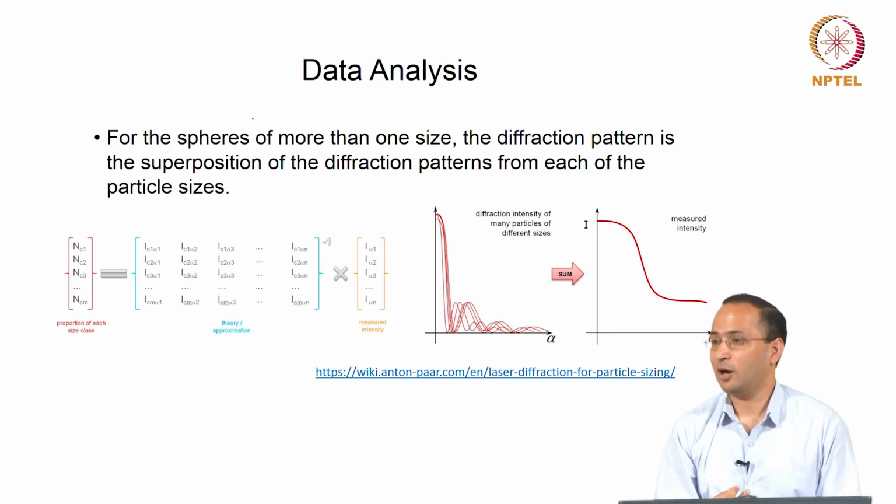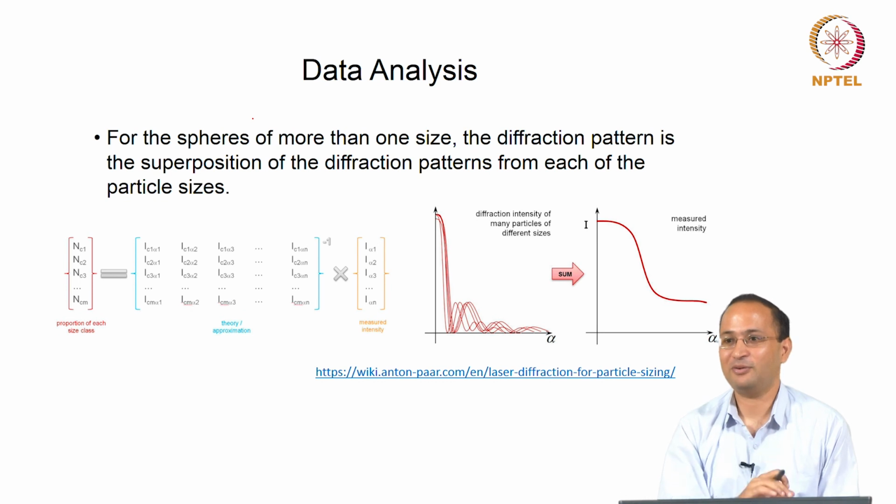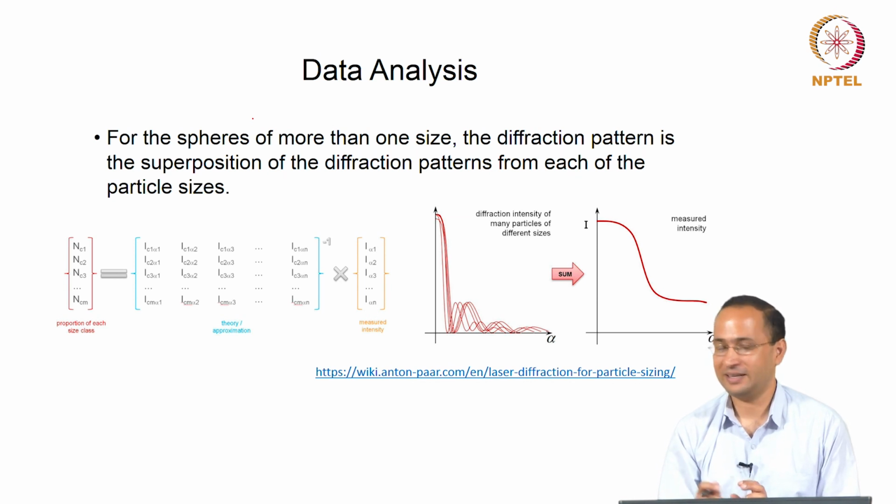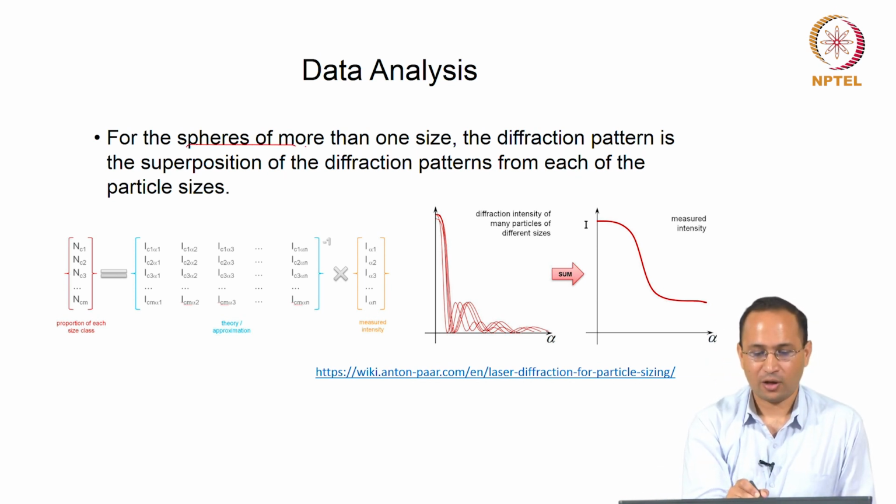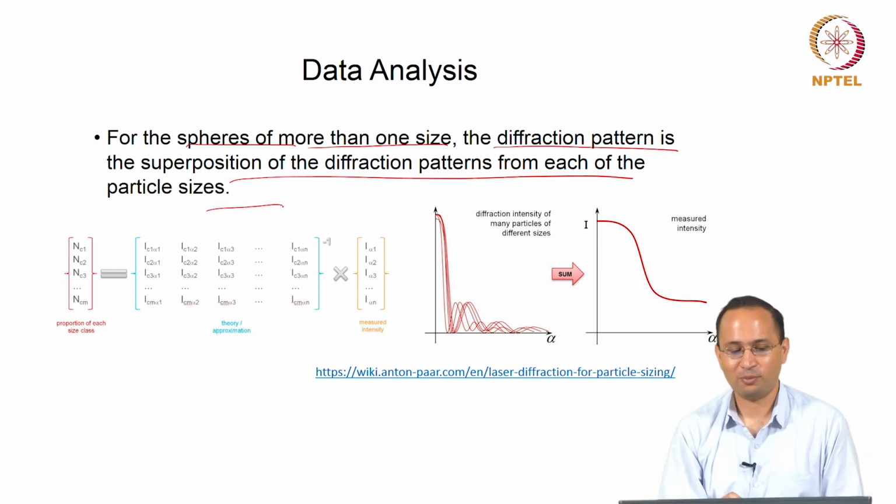But in real life you have spheres of different sizes, right. Those are the idealized diffraction patterns that may not be exactly circular, because in real life you have irregular sizes. So, for spheres of more than one size, the diffraction pattern is the superposition of the diffraction patterns from each particle size.